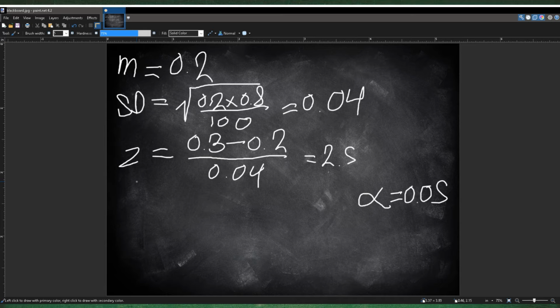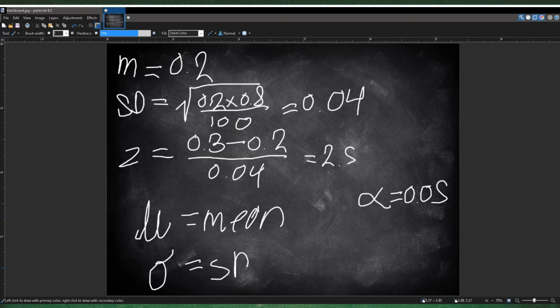You go onto the section called distribution, and then you go to normal CDF, right? Since we're saying it's greater than, you'll have a lower bound and upper bound. The μ means mean, and the σ is the standard deviation.